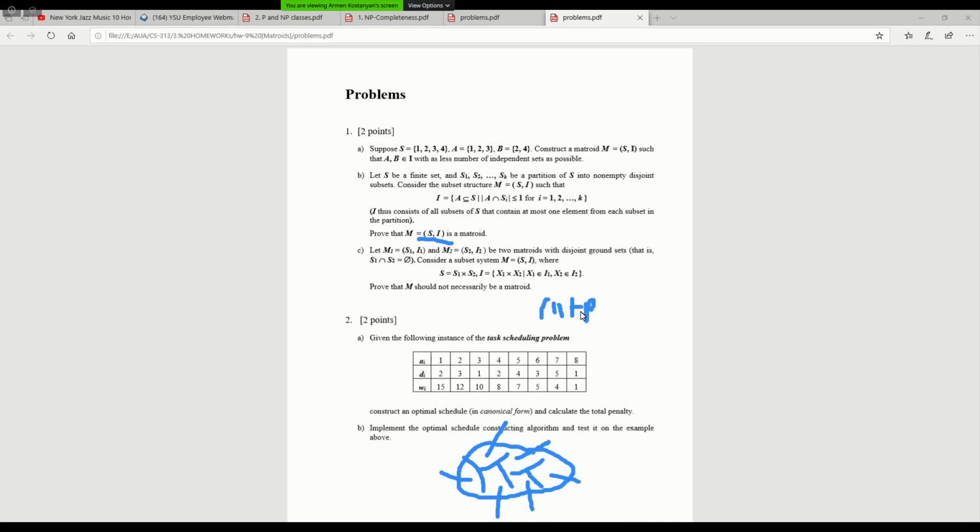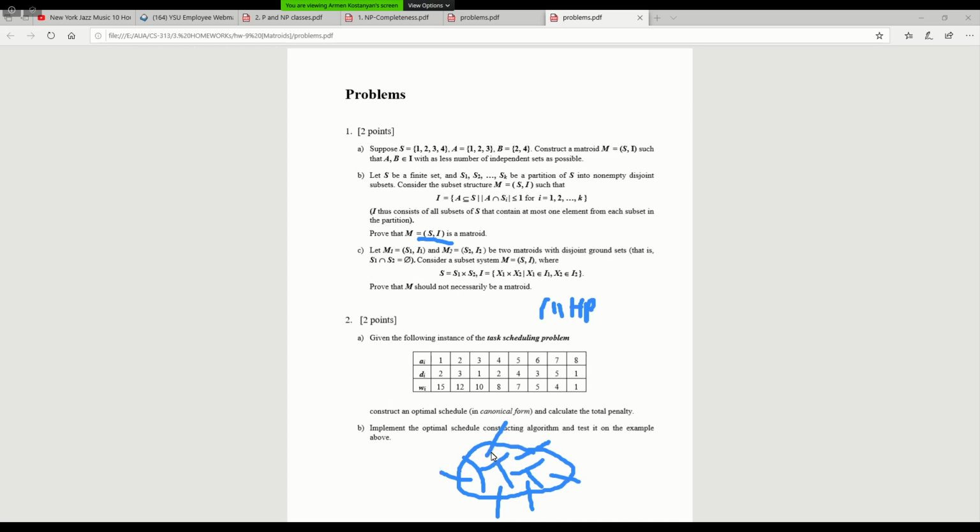This property means that if we have a set belonging to I, any subset of this set will also be an element of I. Why is it so? If we have some selection from these disjoint sets, so each element of I is some selection.